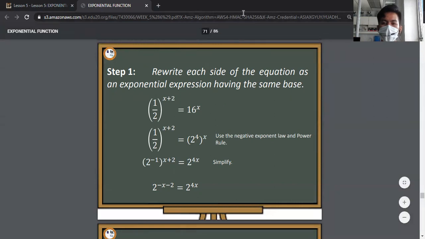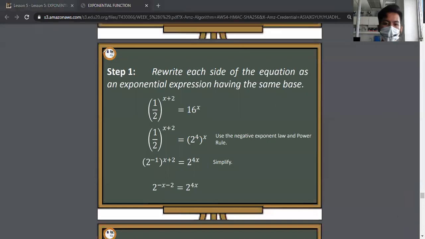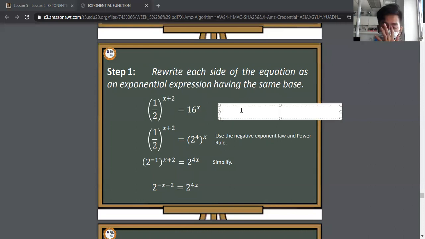Himay-himayin po muna natin. Unahin po muna natin 16 raised to x. Sabi ko po kanina, kailangan po yung base po natin is 2. So, 2 times 2 times 2 times 2 is equal to 16.